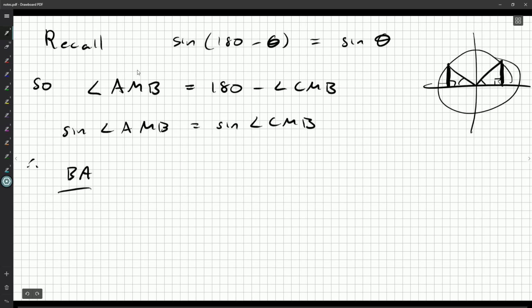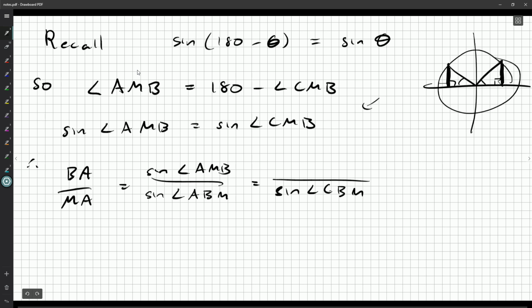So BA over MA is sine of AMB over sine ABM. Now the bottom, the two angles inside the sines are equal. And on the top, we've got angles that are supplementary. So their sines must be equal, even though the angles themselves aren't.